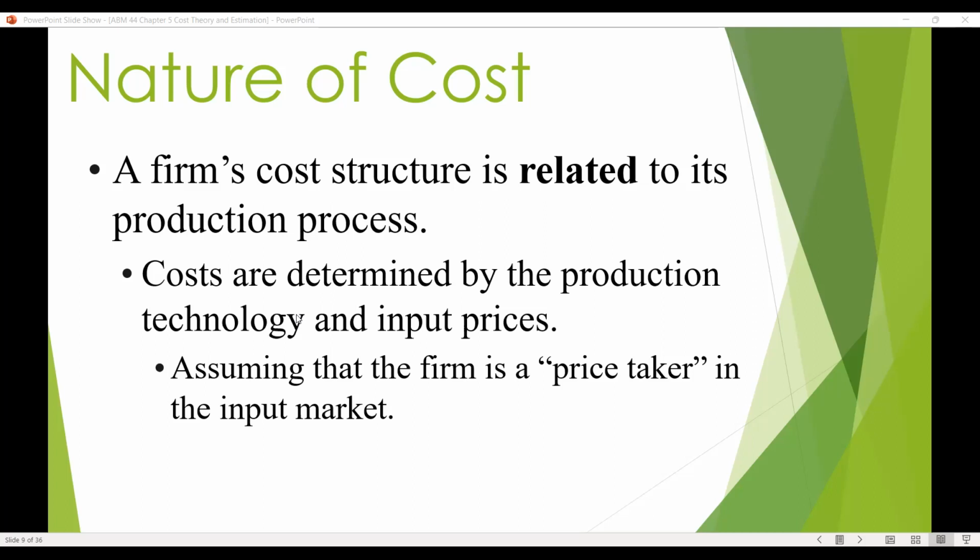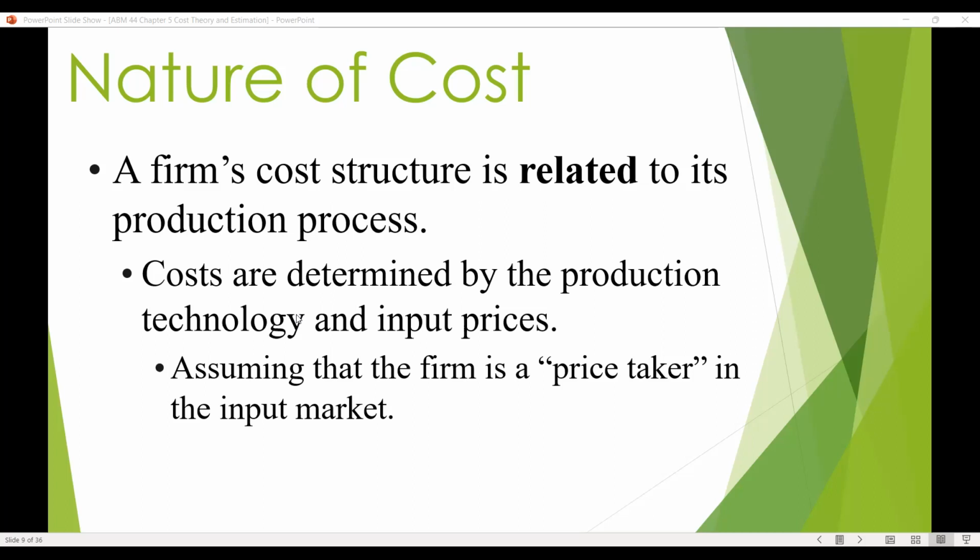So all of those expenses that occur will really reflect on your total cost, whether it is a fixed cost or a variable cost. So it is more determined by the technology or prices that you input, based on the production function.